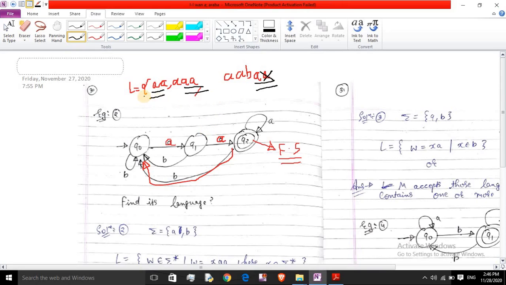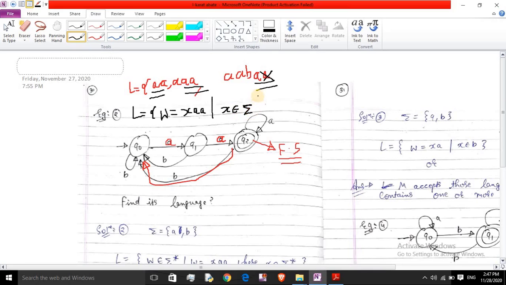So we can say the language. What is the language of this machine? The language of this machine is such that a word is equal to x double A. Actually it is ending with the double A, where x belongs to sigma star.